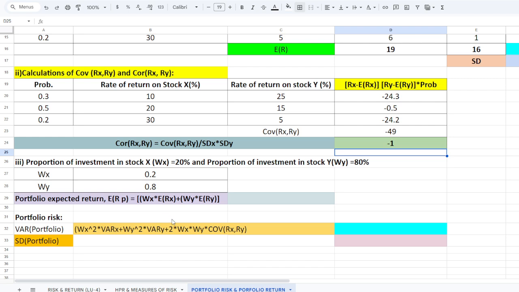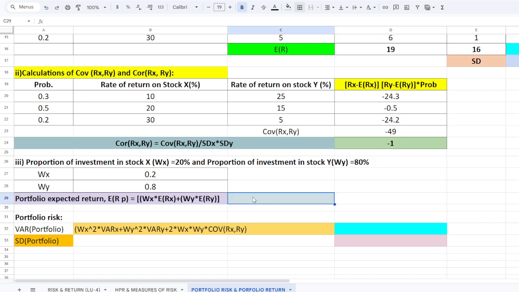Now let's move to the main understanding level. The third question is: if you are going to invest 20% in X and the rest in Y, that's 80%, then what would be your portfolio expected return? So this is the case of two assets.